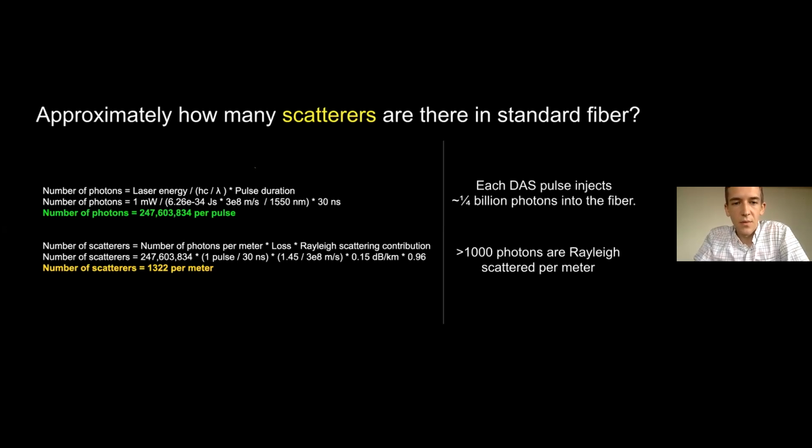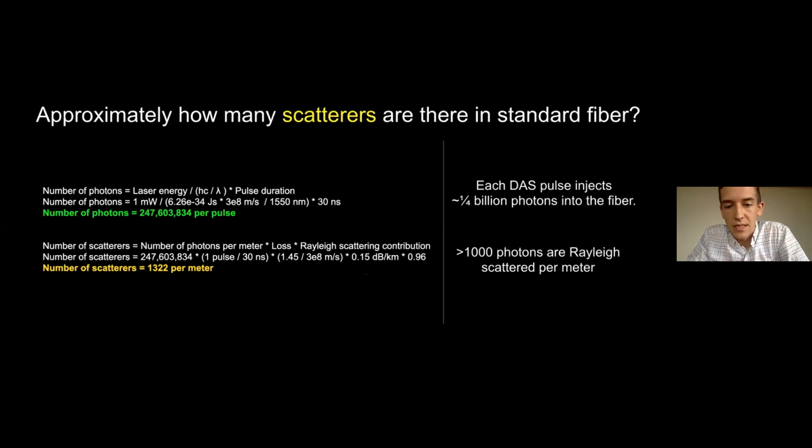So we're not adding anything to the cable here, and this should be fairly clear at this point from day one that DAS is really just using these scatterers in standard fiber. And this slide is basically doing a little calculation based on the energy of the photons that we're sending in with DAS and the Rayleigh scattering that we know from fiber cable standards.